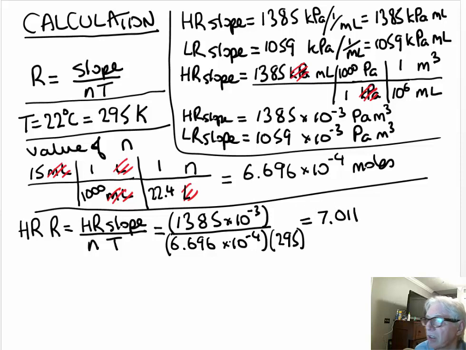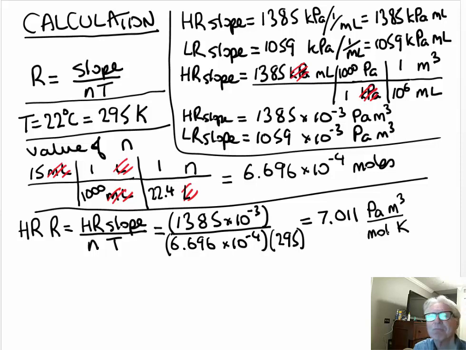and let's have a look. The units would be, well, let's have a look. My slope is in Pascal meters cubed, and then I'm dividing this by n, mole, and then Kelvin. So it's Pascal meters cubed over mole Kelvin.